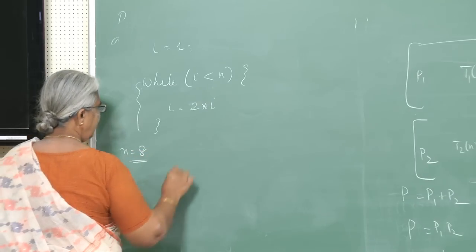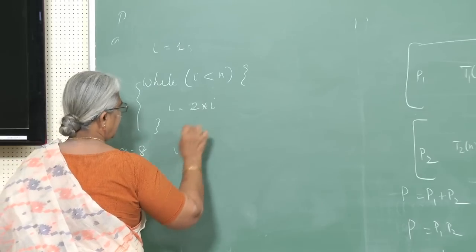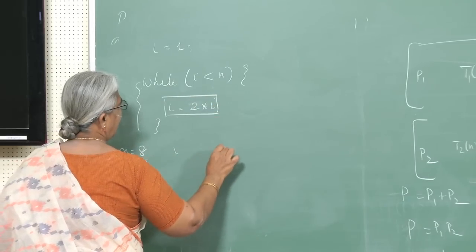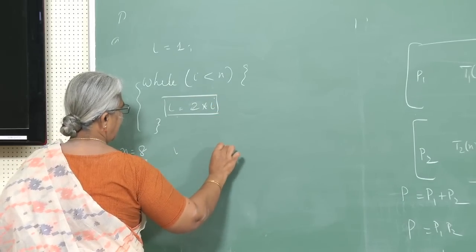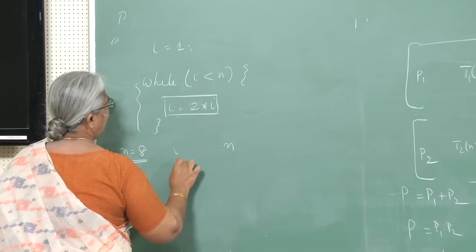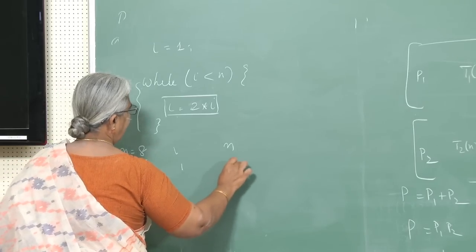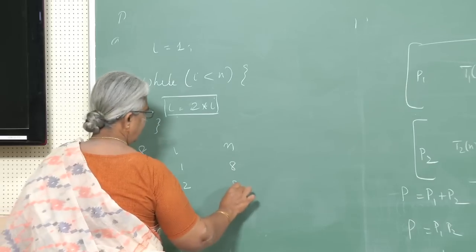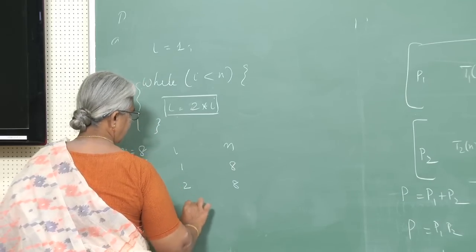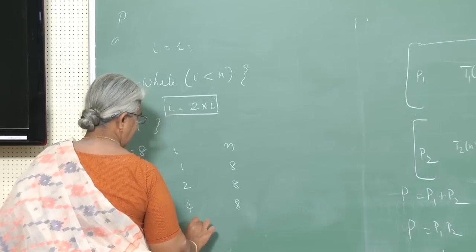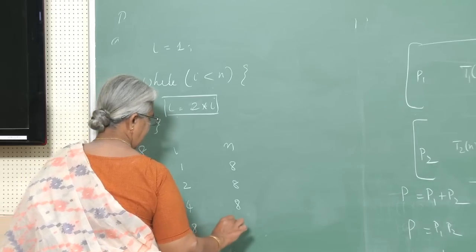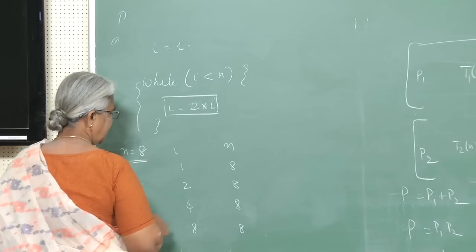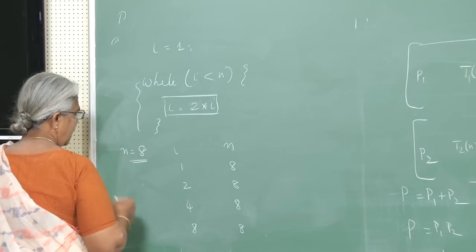Let us see how many times the body of the loop gets executed, taking the values of i and n. i equal to 1, n is 8, then i becomes 2, then i becomes 4, then i becomes 8, n is still 8, and what happens? i is not less than n and you exit.